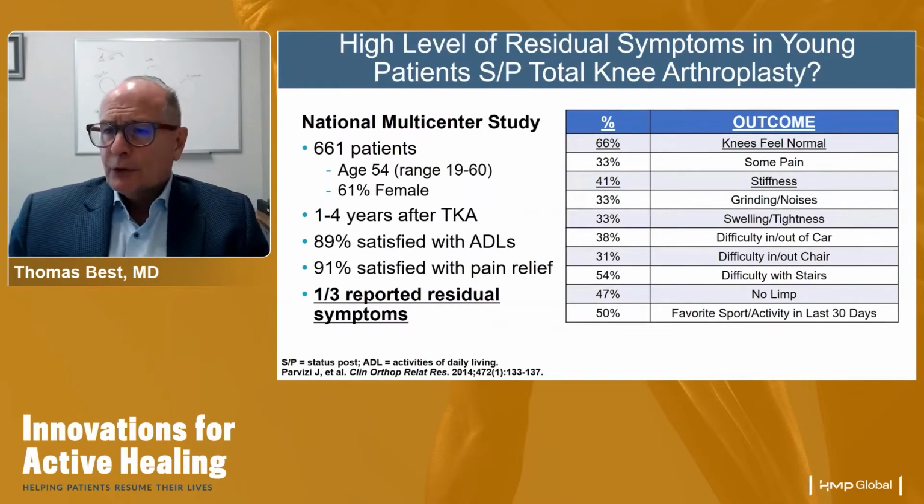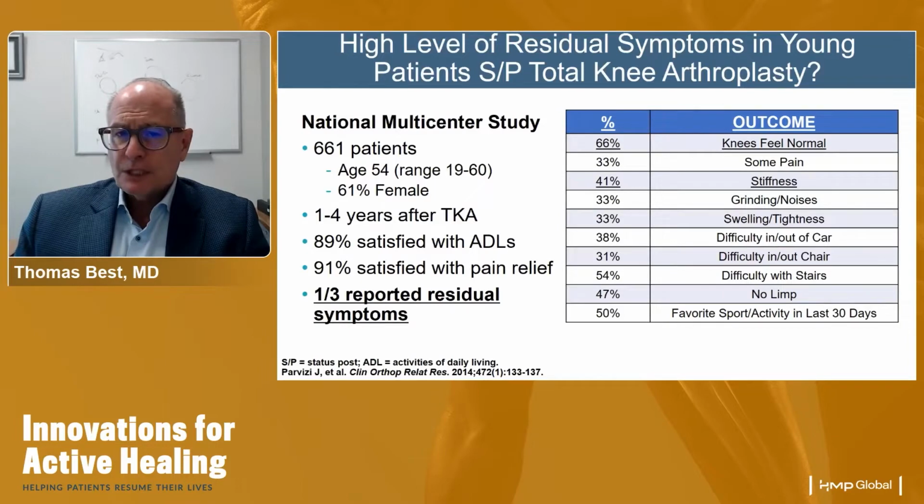So then we look further and we say, okay, for those who undergo total knee arthroplasty, what is their outcome? Because that's a really important question, and that is changing day by day. But here's a study that was published in the journal Clinical Orthopaedics and Related Research, CORR, in 2014. Now, this was a national multi-center study, and of significance, these were senior investigators, probably doing on the order of 400 to 500 total joints a year.